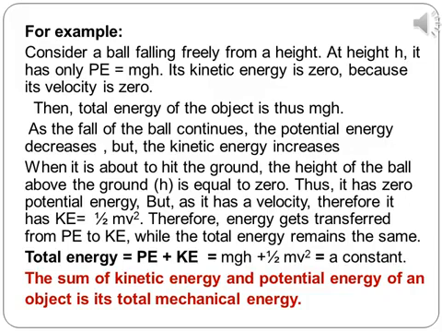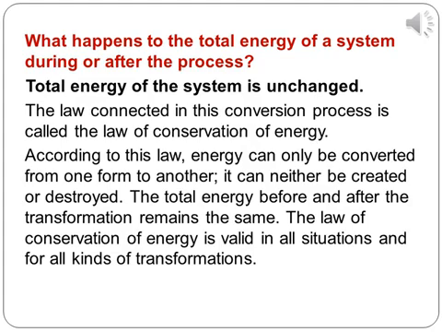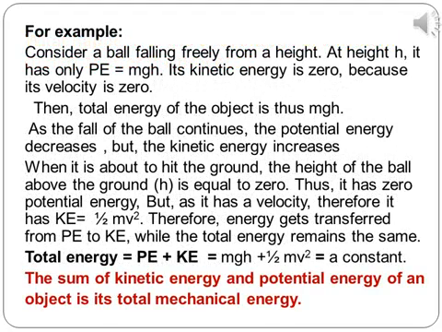Therefore, energy gets transferred from potential energy to kinetic energy, while the total energy of the system remains unchanged. Thus, it can be written as: total energy of a system is equal to the sum of potential energy and kinetic energy, equal to mgh plus 1/2 mv². It is a constant.